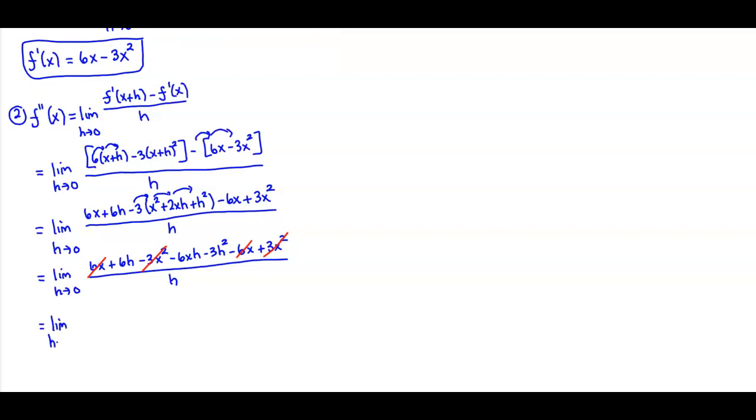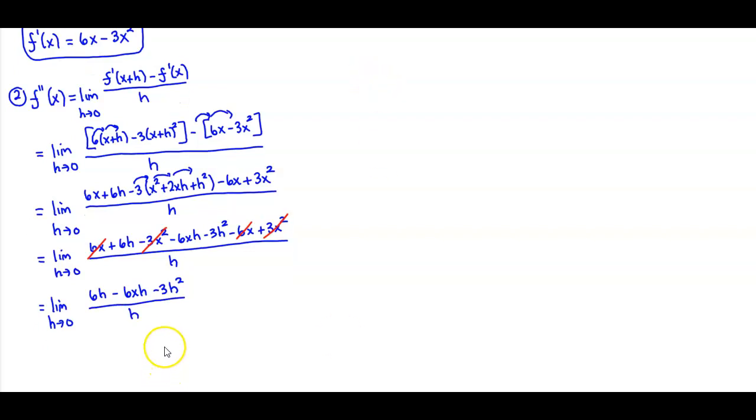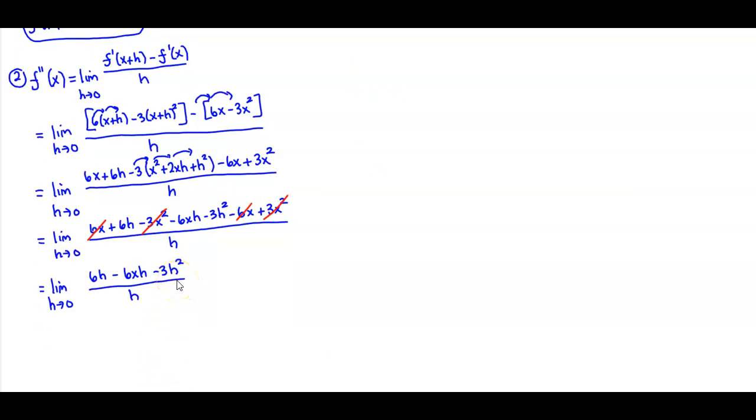So now we have the limit as h approaches 0 of 6h minus 6xh minus 3h squared, divided by h. And so now we can factor out the h in the numerator.